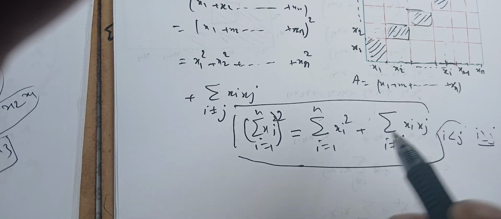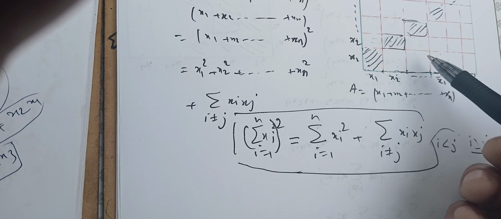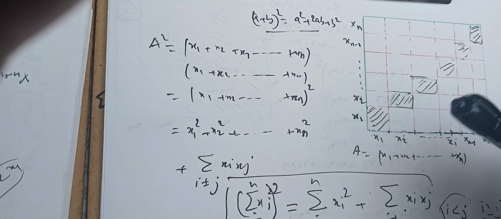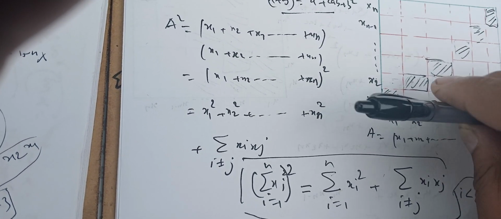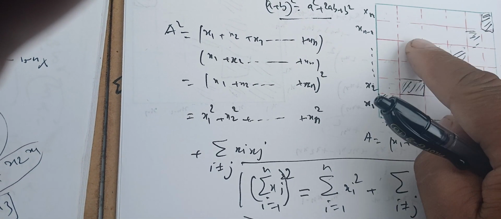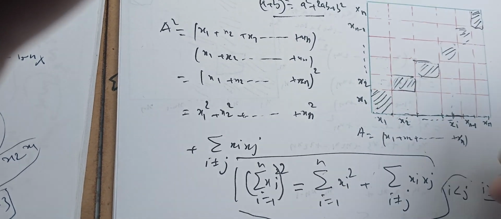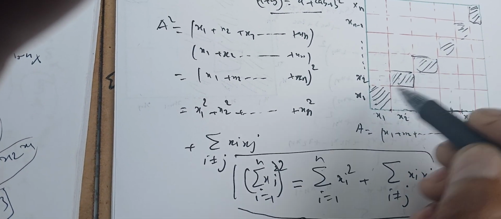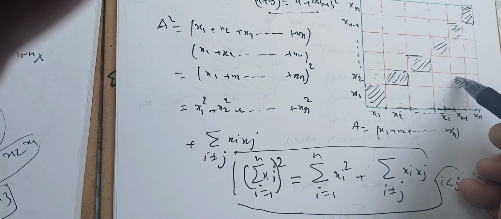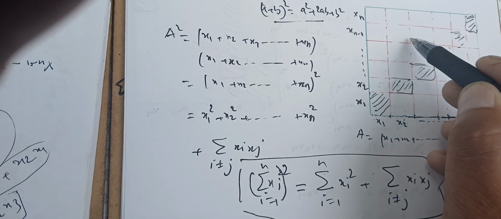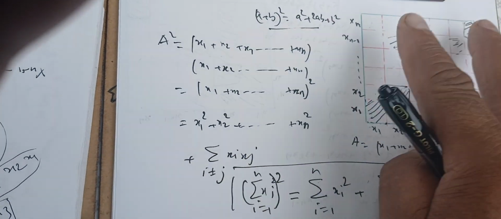I can have a 2 here. But that requires noticing that if we are here and i is less than j, the other area is the same. It's counted twice. So for instance, this rectangle here, when I compute it, it's going to be computed here. So it's twice.